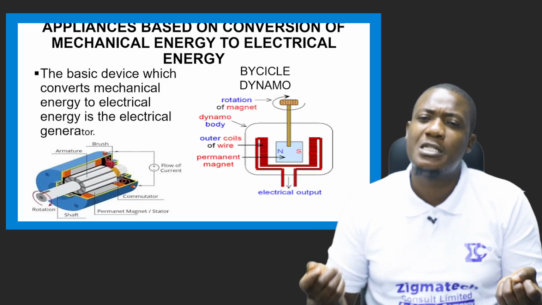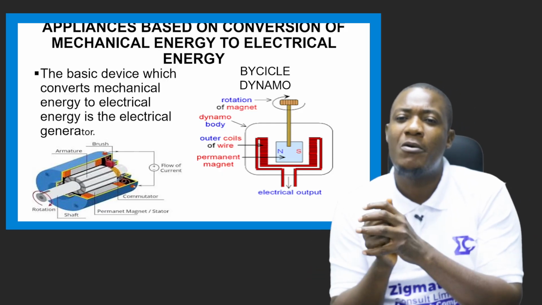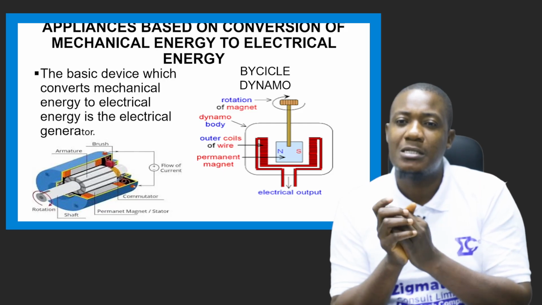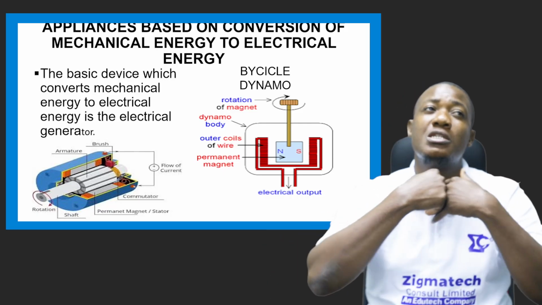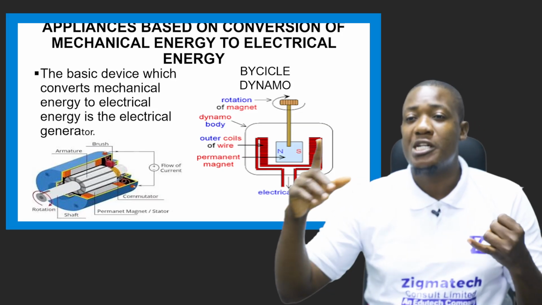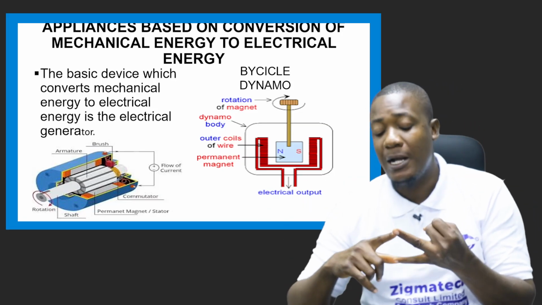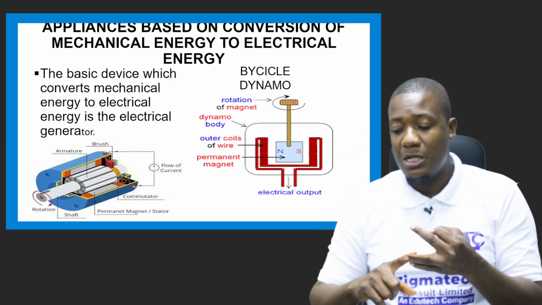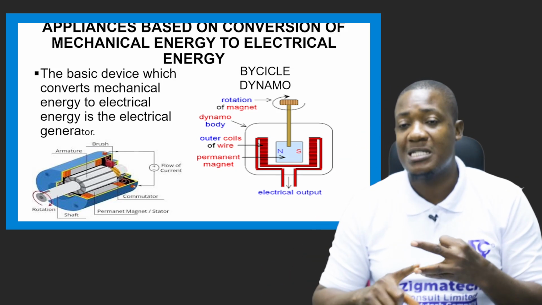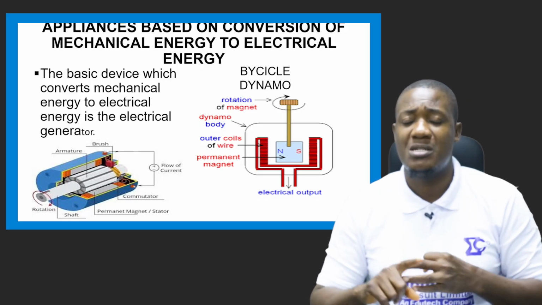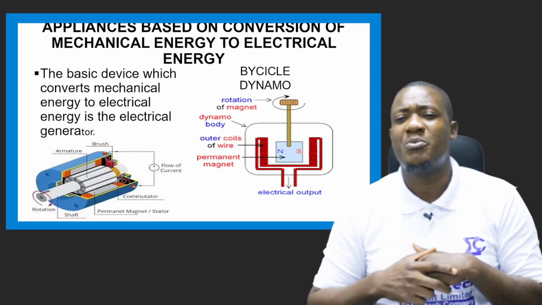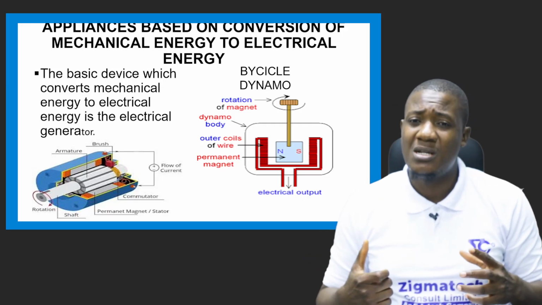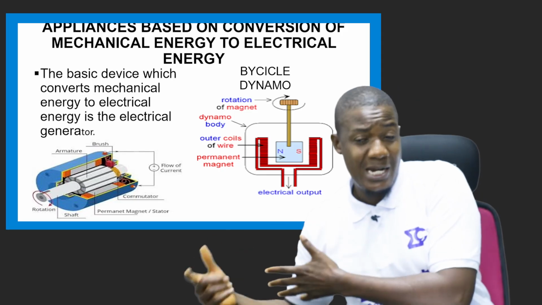The current produced in this way can be tapped from the carbon brushes, and that current is called an alternating current. That's the current from the generators we use in our homes to power your AC, even the roadside repairers that make use of generators. This is the working principle of a generator. It converts mechanical energy into electrical energy.